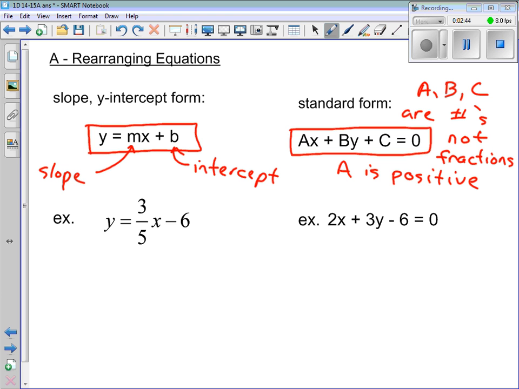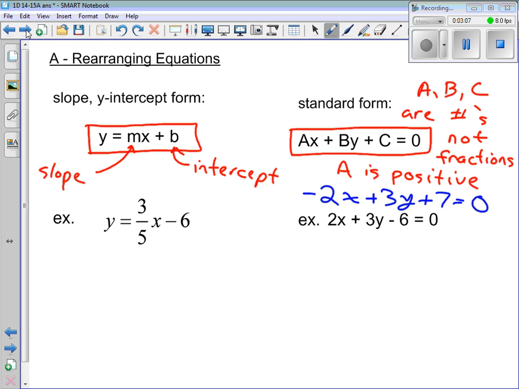Okay. So something like negative 2x plus 3y plus 7 equals 0 is not standard form, because the coefficient on x is negative 2.